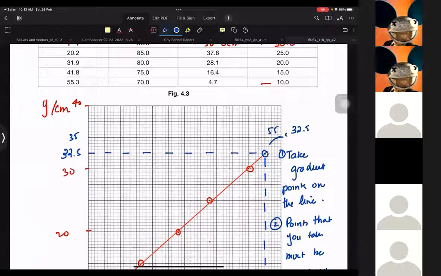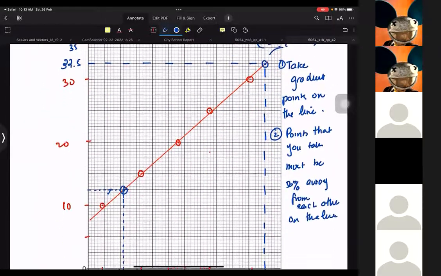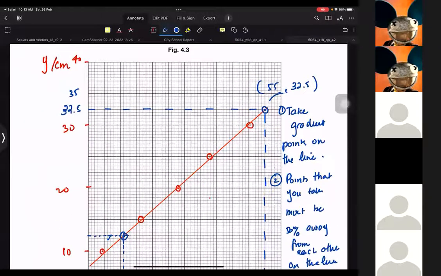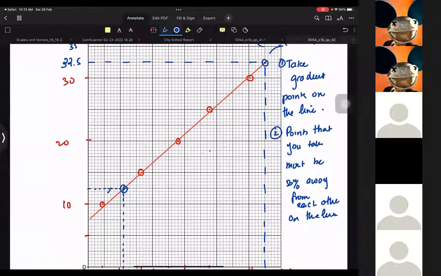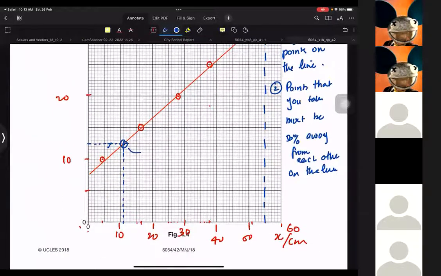So this is one point. And remember, you can write it on the graph area. It's a good thing to do. And here the point would be 11. And this point will be 10.25. So we got this, right?